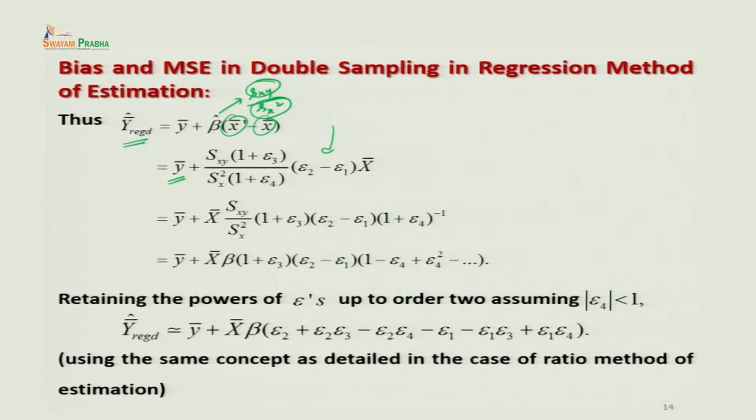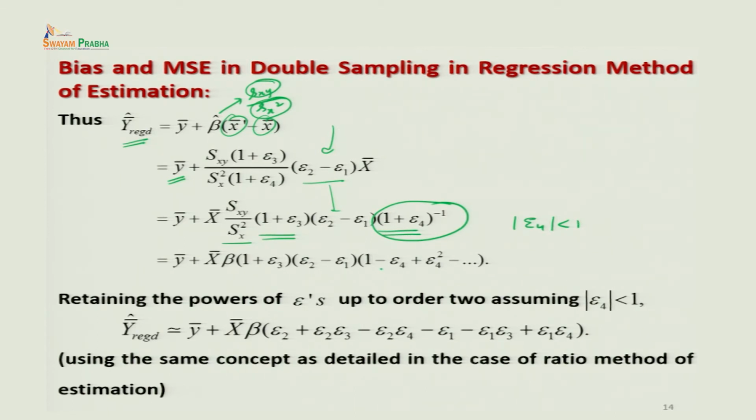And then you can see that this becomes capital X bar, Sxy upon Sx square, 1 plus epsilon 3, epsilon 2 minus epsilon 1 here, and 1 plus epsilon 4 raised to the power of minus 1. So now I can expand this expression using the condition that the absolute value of epsilon 4 is smaller than 1, right.